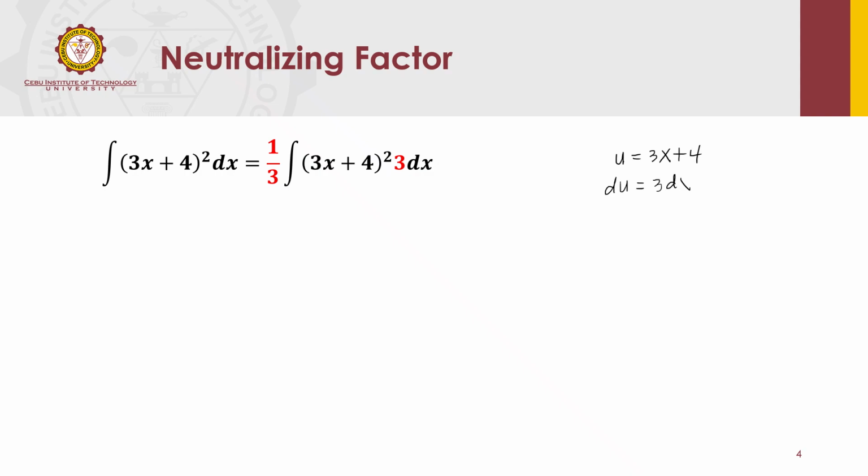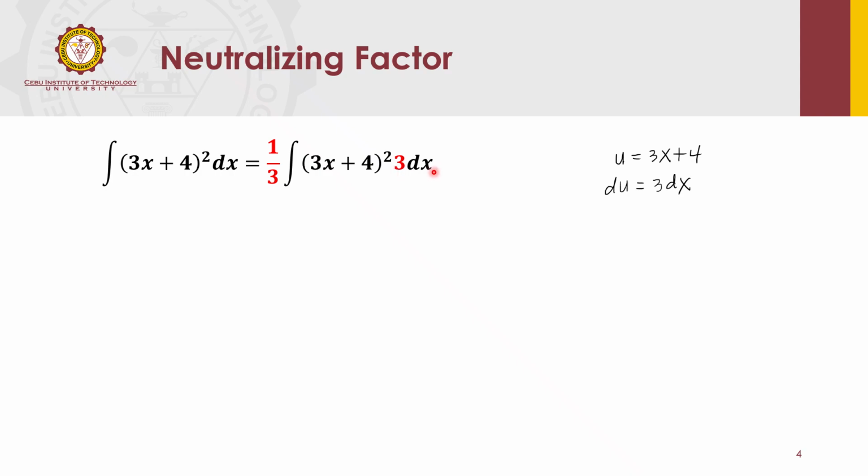So instead of transforming this into u² times du over 3, let's instead plug in the missing factor to complete our exact differential, 3 times dx. This is the exact differential of our 3x + 4.